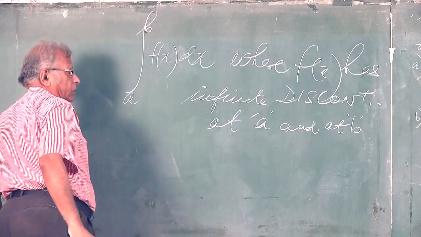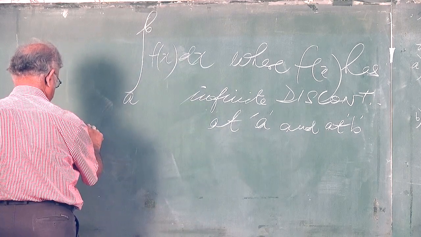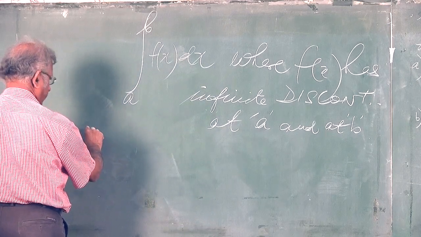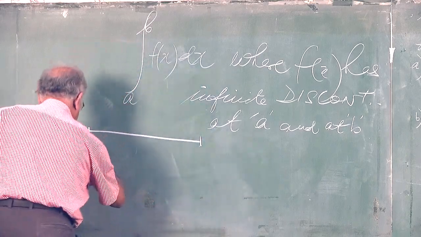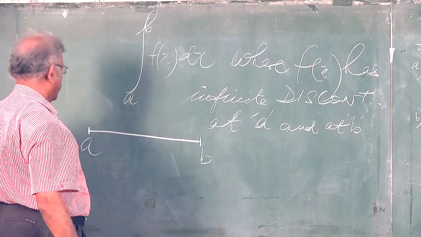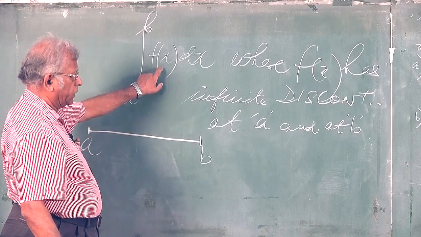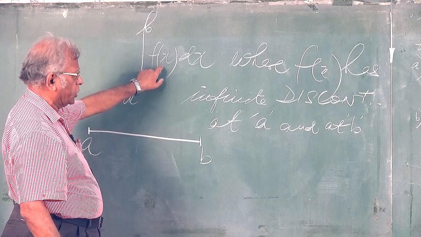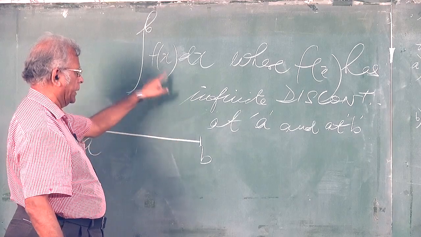Now, if we go to our line theory, a to b, both are points where the situation is that the function will be infinite at a as well as b.